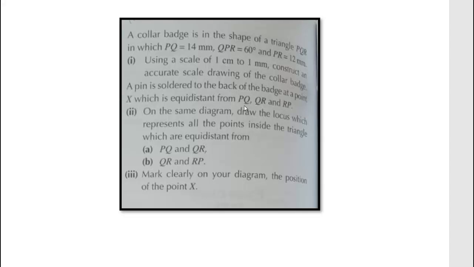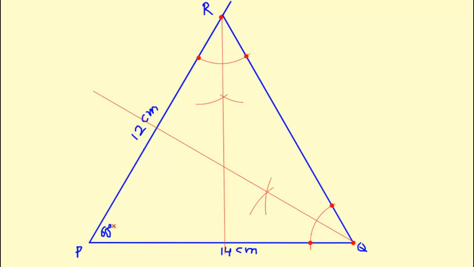In a similar way, we can construct an angle bisector for lines PQ and PR. Here P is common, so the angle bisector of P, the two intersecting lines PQ and PR, both intersecting at point P, will also pass through this point.